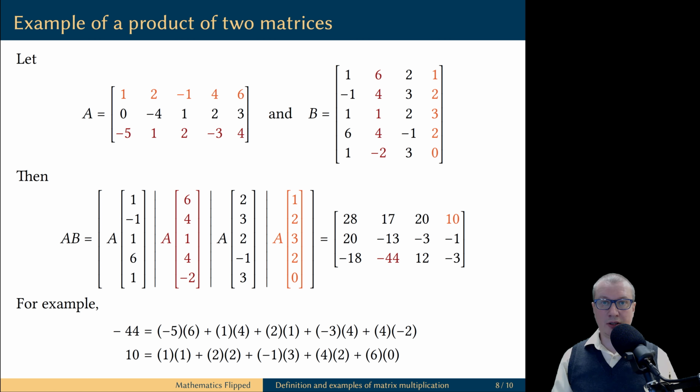And this entry is equal to the dot product of the first row of matrix A and fourth column of the matrix B. Please write out all these computations. Write the computations for all the entries. This is the only way to understand how this operation works.